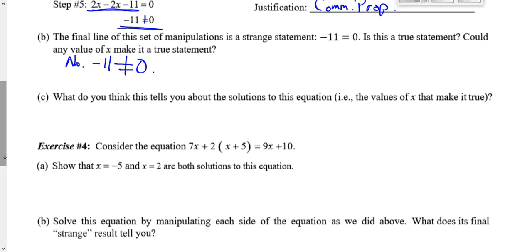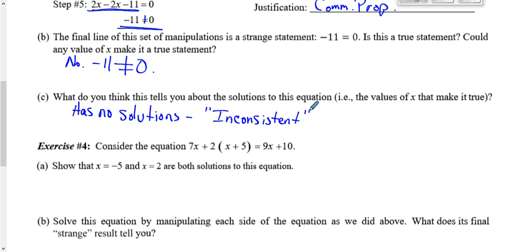It has no solutions. And we have a word for that in math. When an equation has no solutions, we call it inconsistent. It's an inconsistent equation. It has no solutions.